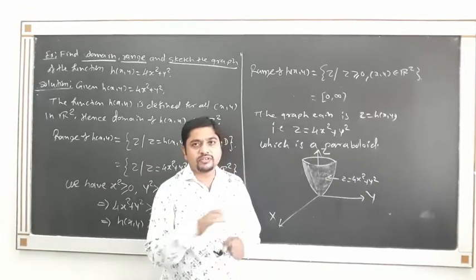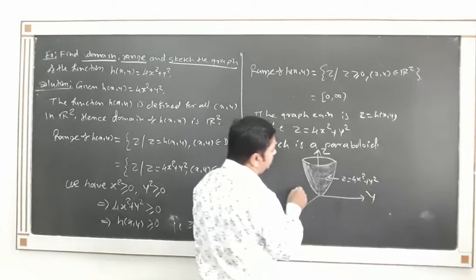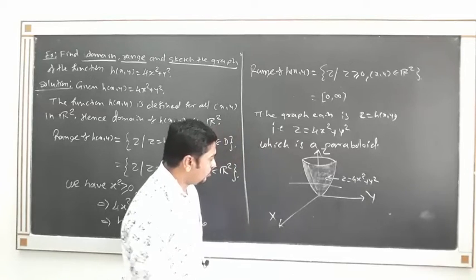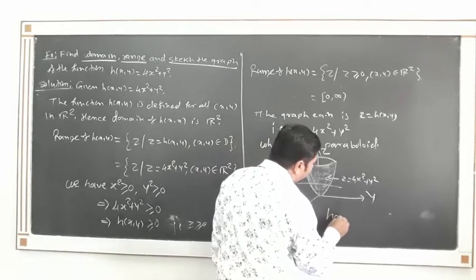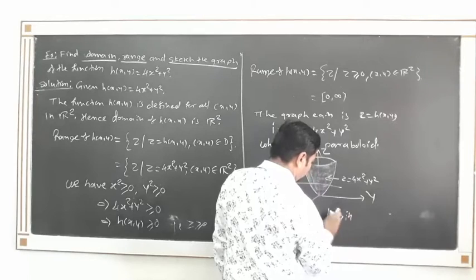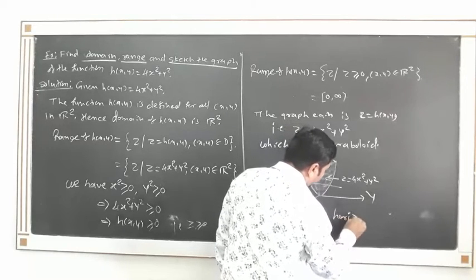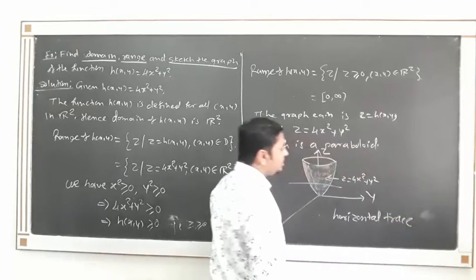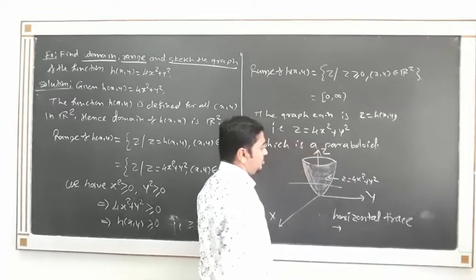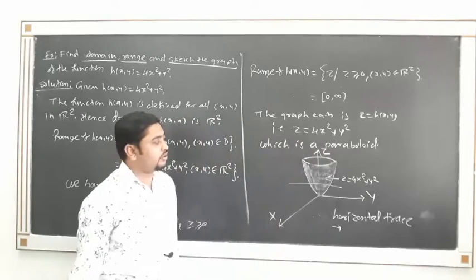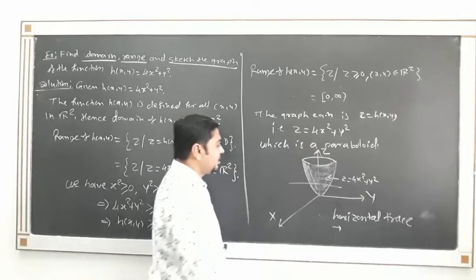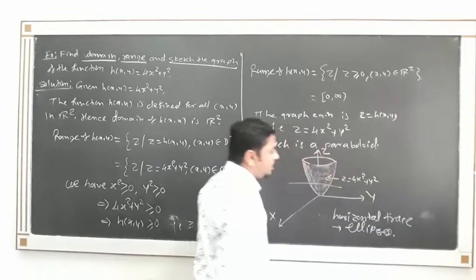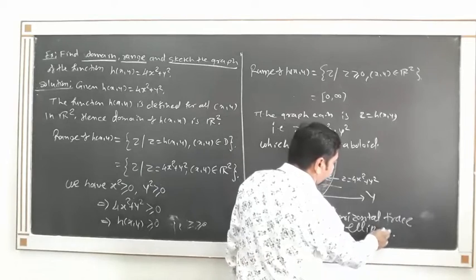If you cut this horizontally, we take the horizontal trace of this paraboloid, then we are getting an ellipse.